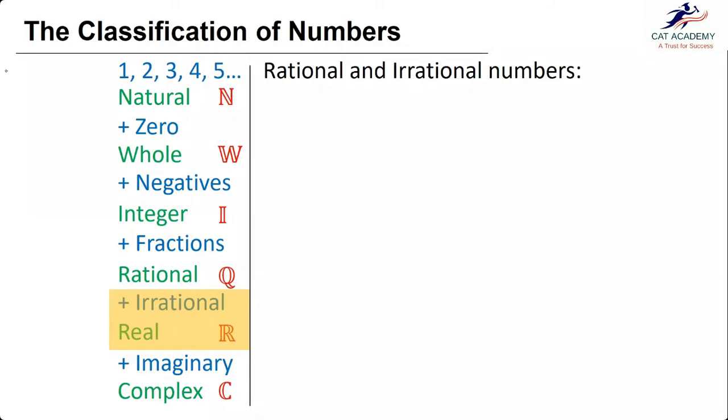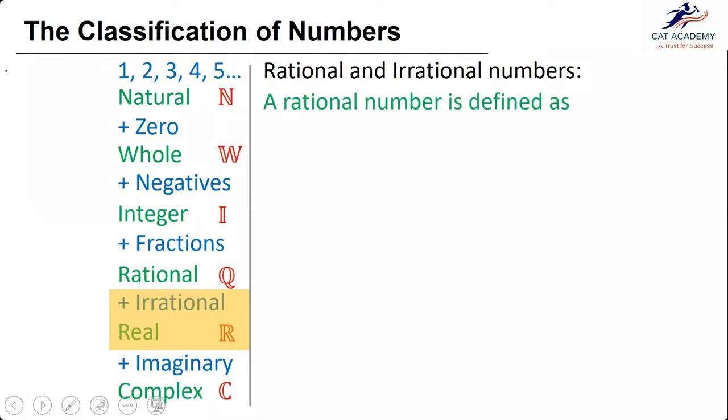Next is rational and irrational numbers. So in case of rational and irrational numbers, what is my definition of rational number? Does anyone know what's my definition of rational? Which numbers can I call as rational?